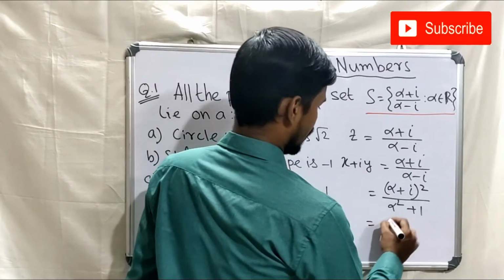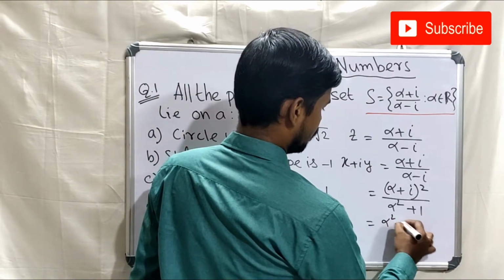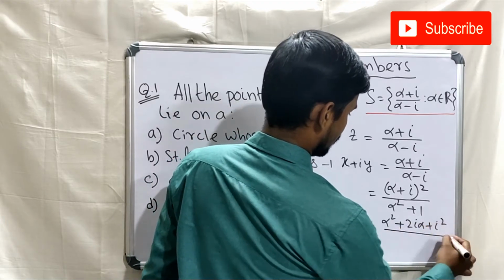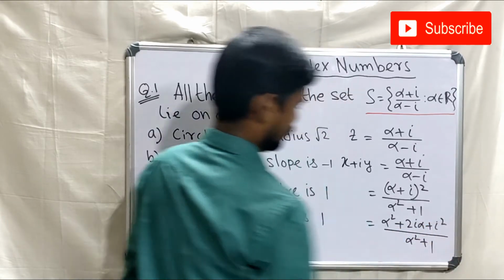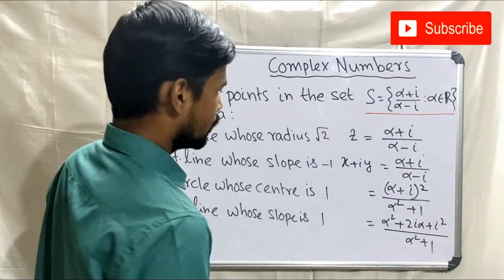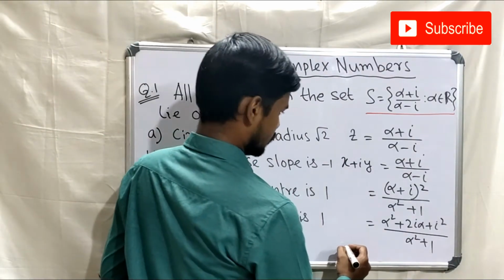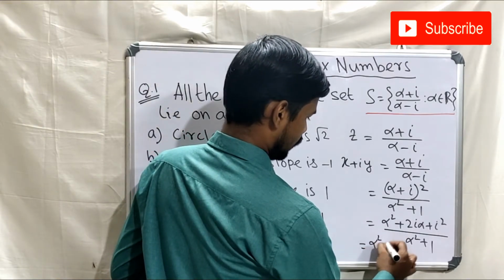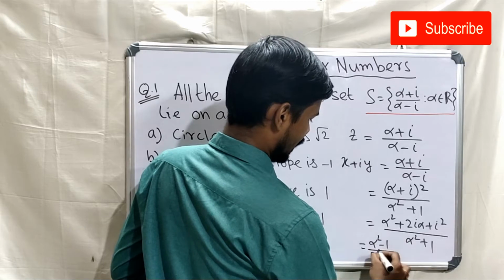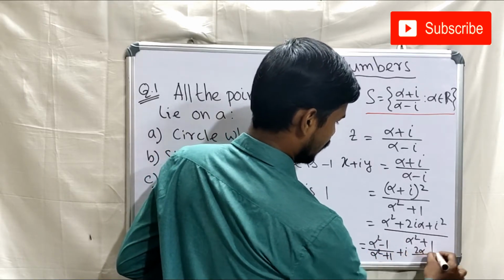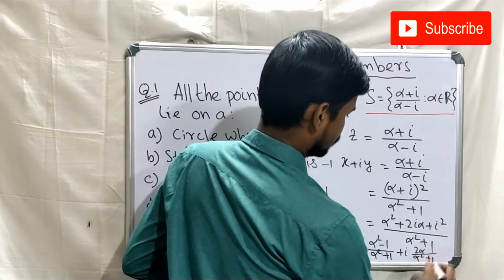So this will be (alpha square plus 2i alpha plus i square) by (alpha square plus 1). Okay, so this will be (alpha square minus 1) by (alpha square plus 1) plus i into 2 alpha by (alpha square plus 1).